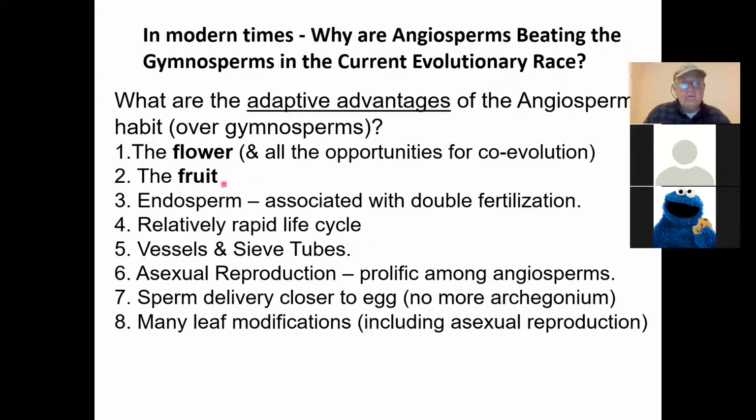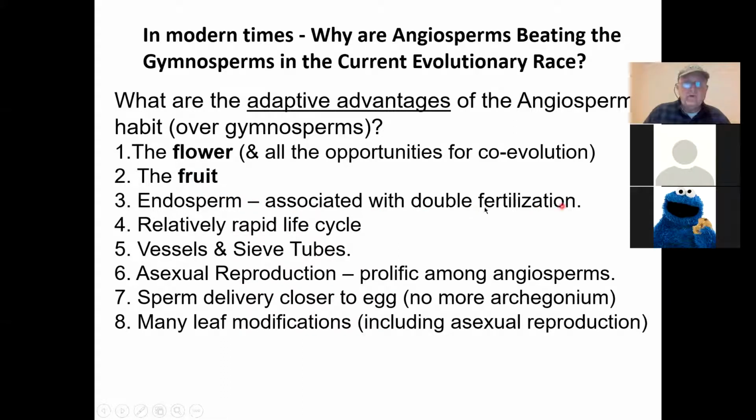So the fruit can be winged and fly around like a samara on a maple. So there are opportunities for advancement. I mean, the gymnosperms blow around, their seeds often have wings in the conifers. You know, pine cones often have seeds. So there are ways, but with the fruit, a protection for the seed has opened up a lot of avenues.